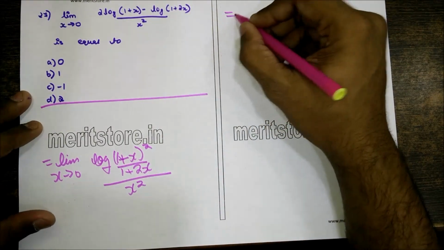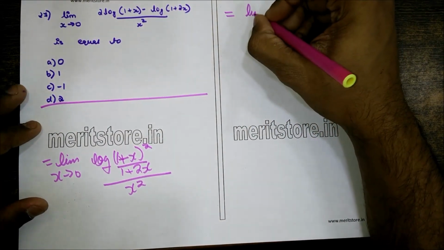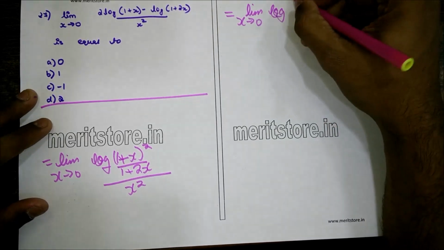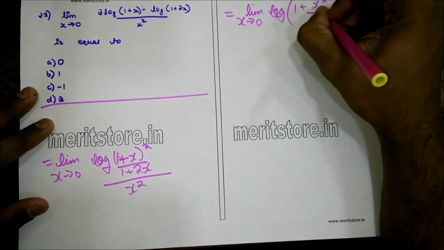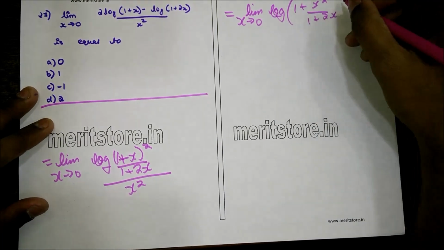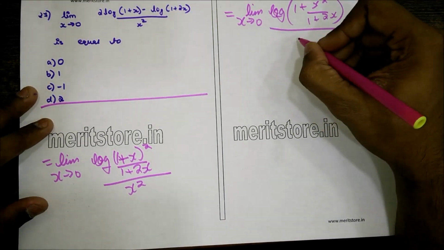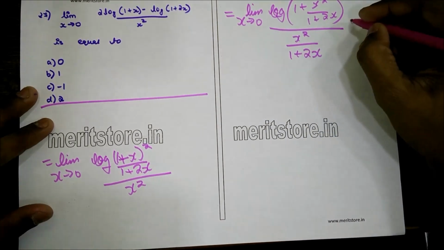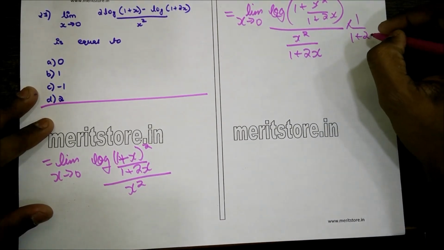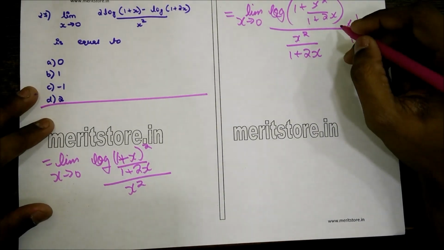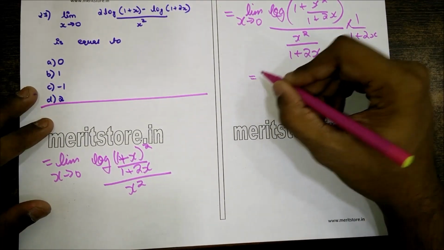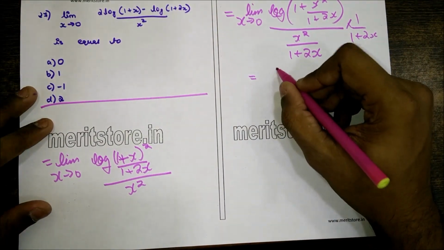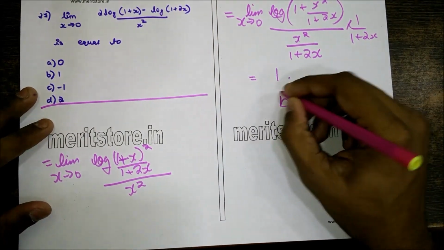So this could be written as limit of x tends to 0, log of (1 plus (x square upon 1 plus 2x)) upon (x square upon 1 plus 2x) into 1 by 1 plus 2x. From this we get, on applying the limit of x tends to 0, the answer 1, which is option B.